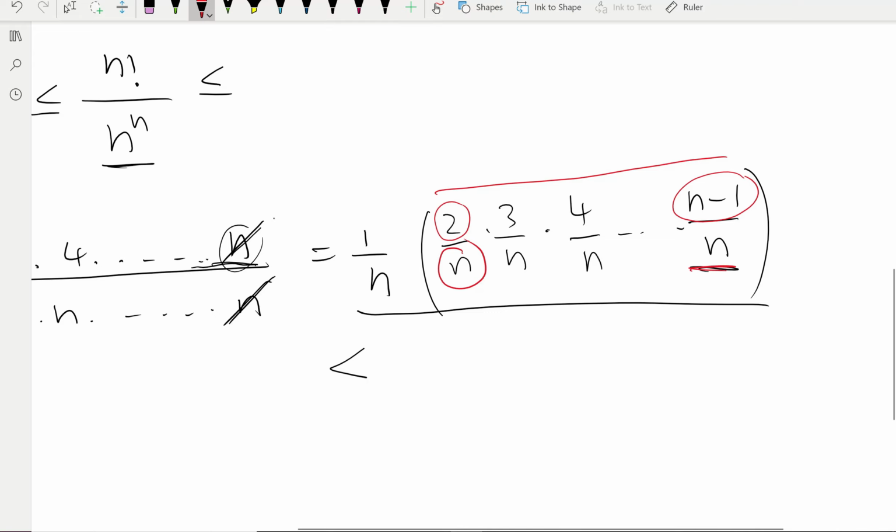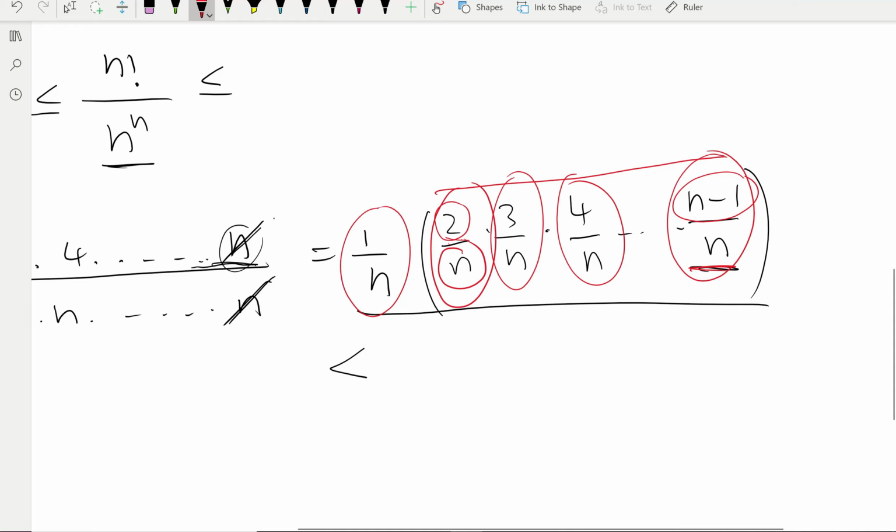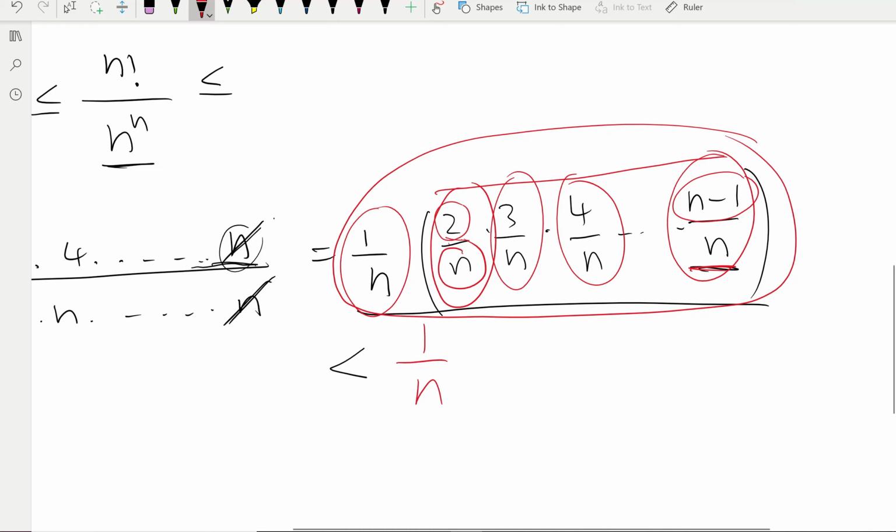Each of these fractions is less than 1 because n is greater than every numerator. So you are multiplying 1 over n by a bunch of numbers smaller than 1.